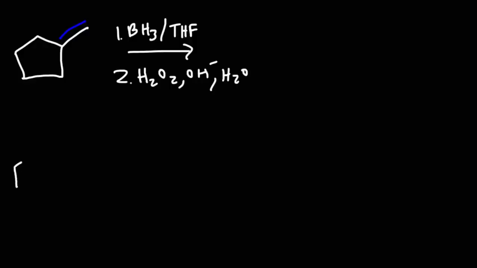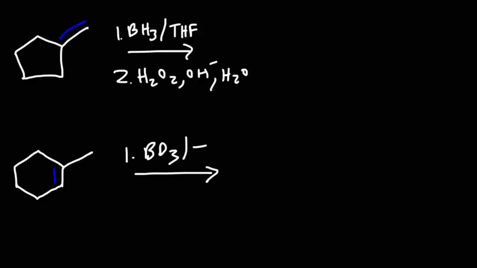And then we're going to compare the product of that reaction to the product of this reaction. So instead of BH3, we're going to use BD3. Everything else will be the same. So if we don't see water in the second step, the result will still be the same. Go ahead and try these two example problems.